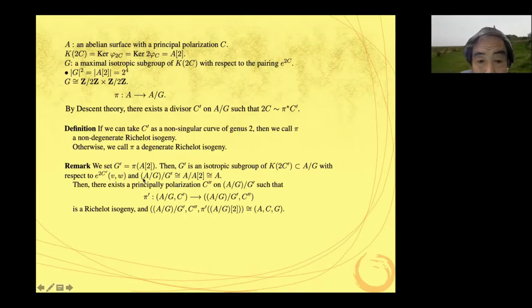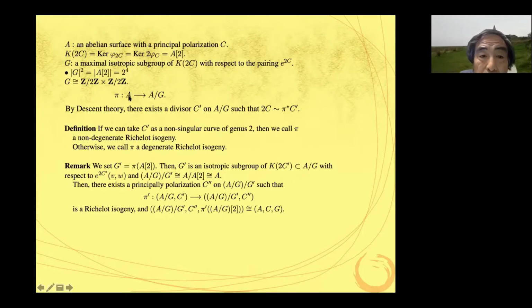And so if you take the quotient using this, then this is isomorphic to A over the group of two-torsion points, so this is isomorphic to A. And we can also take an isotropic subgroup here. So finally, we return back to the original one.